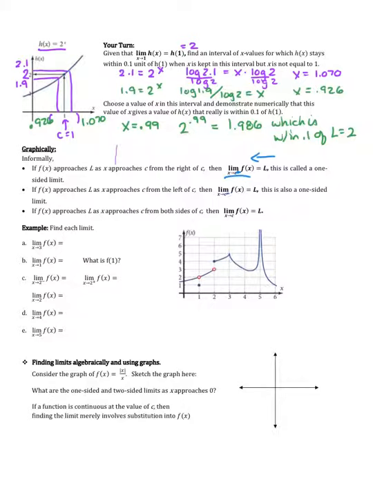If you see a negative, that means you're approaching from the left, from the negative side. So this is approaching from the right, this is approaching from the left, and that would tell you which y value your graph is approaching from that side. And if you see nothing, it means you're approaching from both sides at the same time.